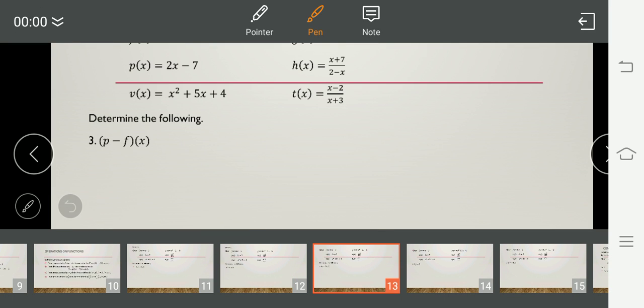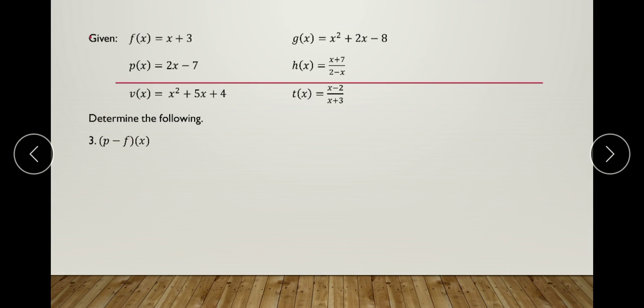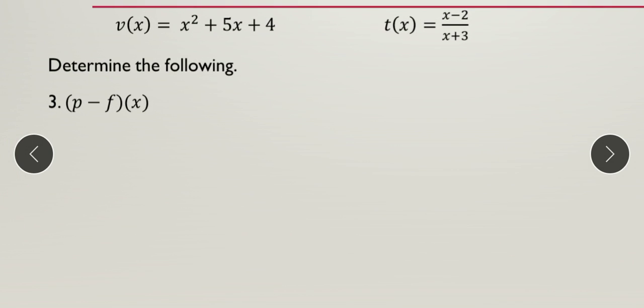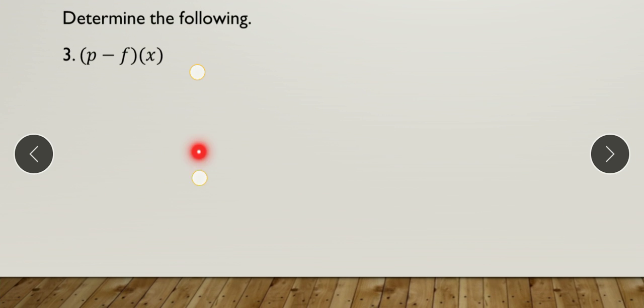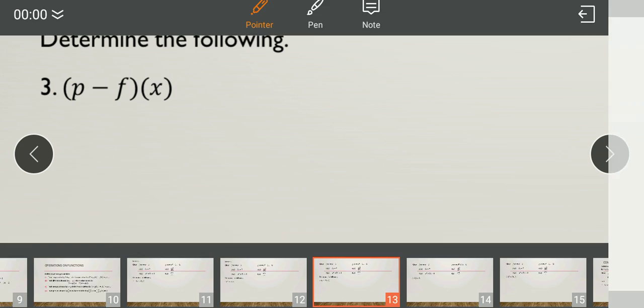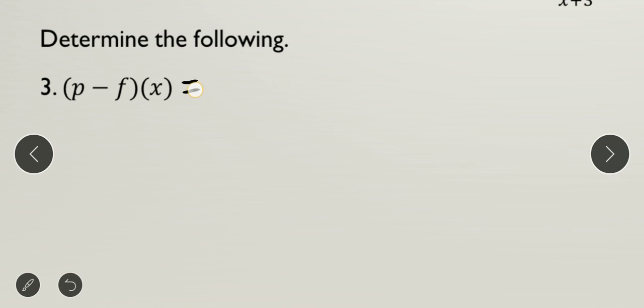Next example, we are going to get the difference of the p and the f function. Now at this point, this is just equal to p(x) minus f(x).